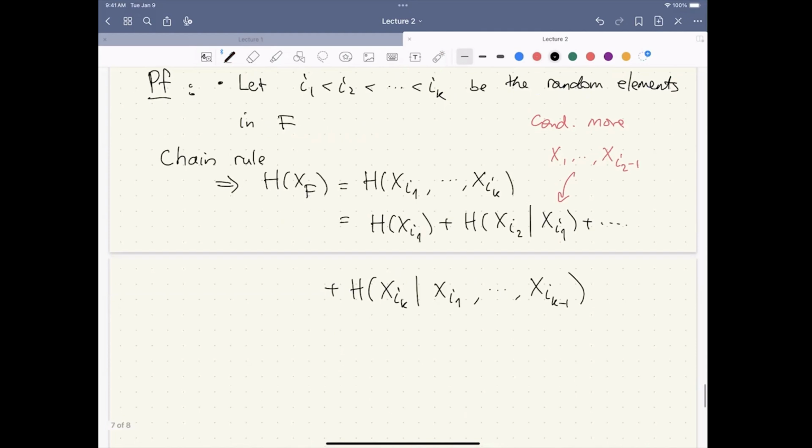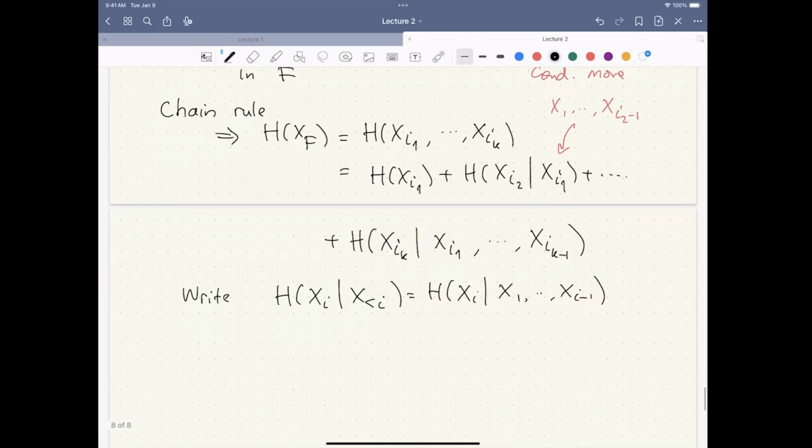For shorthand notation, let's write H(Xi | X_{<i}) to be the conditional entropy of Xi conditioned on everything before Xi. All right, so in this way, we have this. Oh, sorry, it's at least.